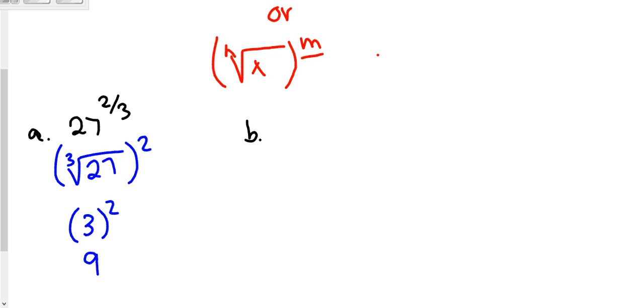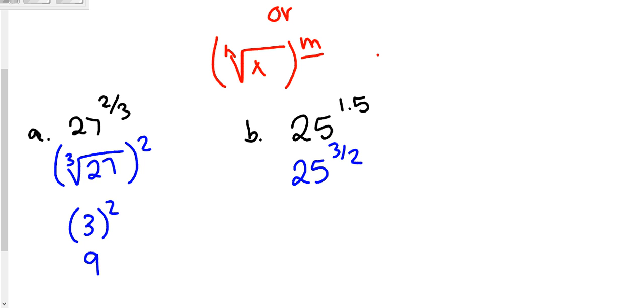Another example, let's look at 25 to the 1.5. Now this can be made into a fraction. Think about it for a minute. This can be rewritten as 25 to the 3 halves power.